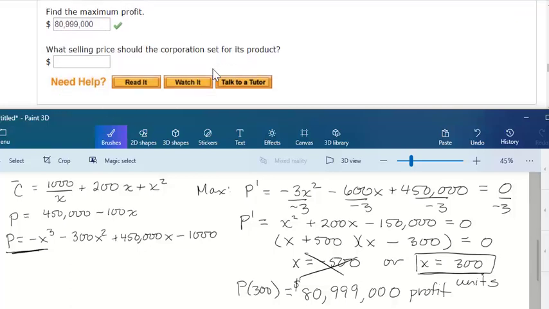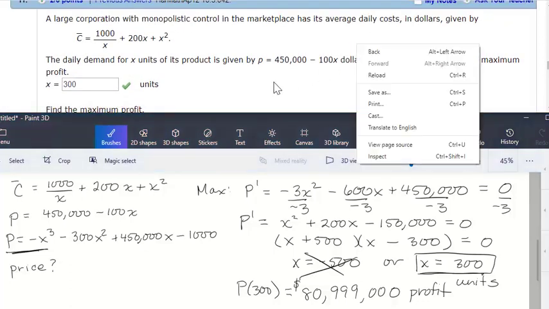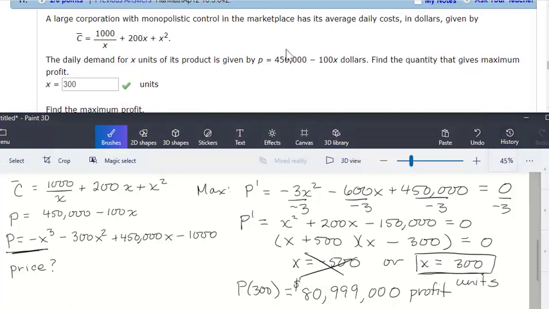Okay, next, what selling price should the corporation set for its product? So now I need to know, how do I find the price? Well, the price is the little p from the demand function. It's this 450,000 function.